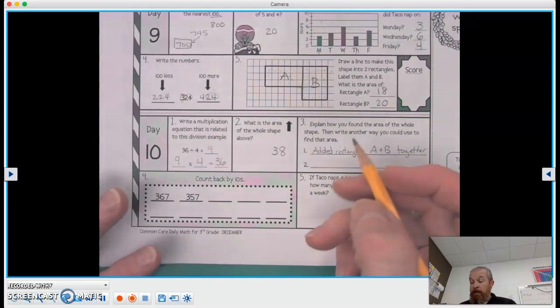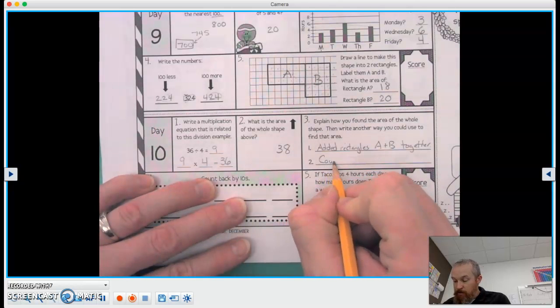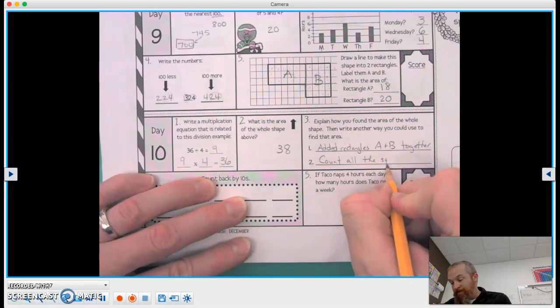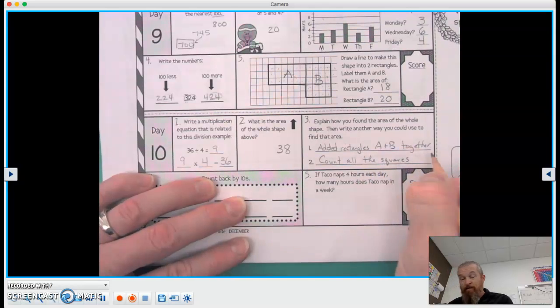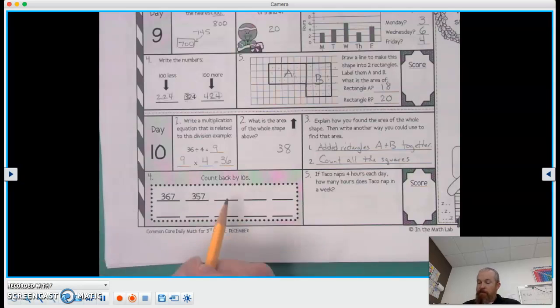Another way we could do this is simply count all the squares, every single individual one. This one says count, maybe you have a different way. Can't wait to hear about it.